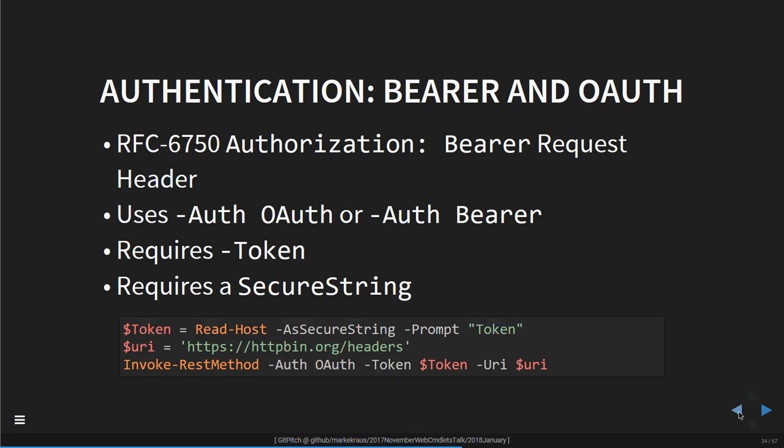Usually when you're dealing with OAuth, you're going to have to request the token, usually with basic authentication first, and then you would have to parse the response, turn that into a secure string, and then use it for the token. The reason why we're requiring the token to be a secure string instead of a string is that OAuth is supposed to be a temporary secret.